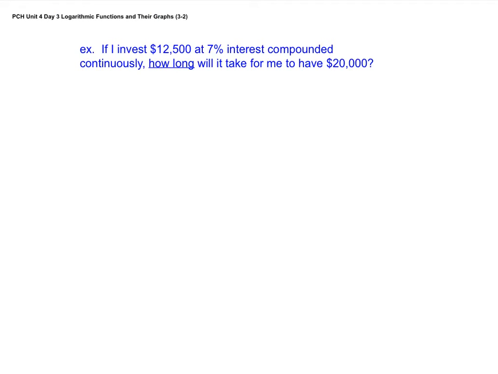Now, there are numerous applications of different functions that we can use that we would have to solve using logarithms.